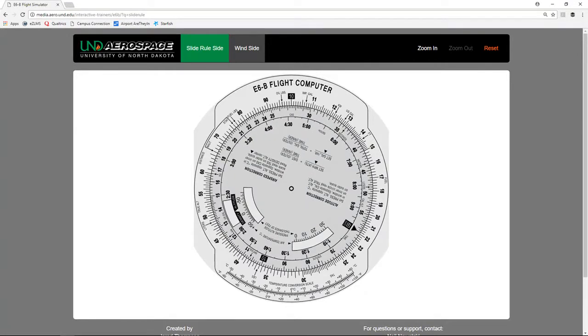Now we have alignment with our time of 22 seconds and our distance of 0.8 miles. If we find the 36 index, the seconds index on the E6B, which is right here, we can look above that on the A scale to determine our ground speed, which is 132 knots.